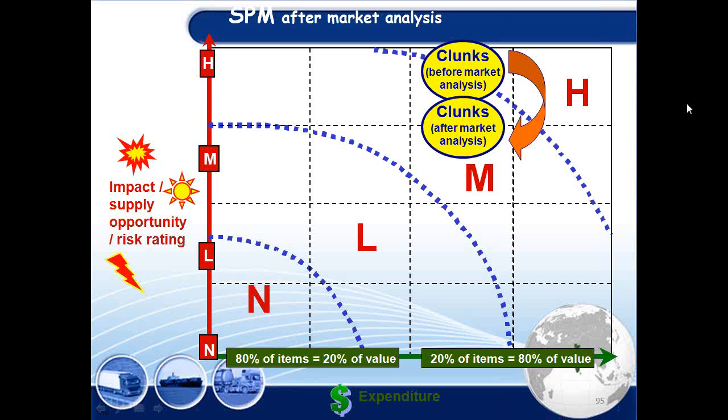In the supply positioning model, the x-axis is the same. The y-axis is a combination of impact, opportunity, and risk. So that's what we've taken, and we find this item called clunks. Before, market analysis was at this level, now it has come down to the lower level.